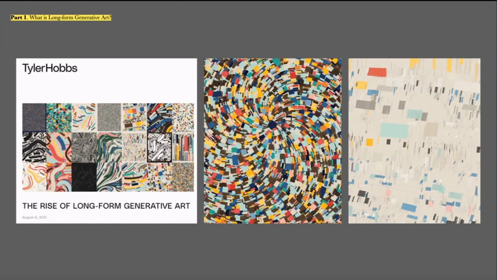In this article, The Rise of Long-Form Generative Art, Tyler Hobbs explains the important consequences of the fact that the artist is not selecting the output. Because of this, long-form works need to be carefully designed to allow for enough variety while still maintaining consistent quality, which introduces a whole set of new problems that these previous fathers and mothers of generative art did not really have.